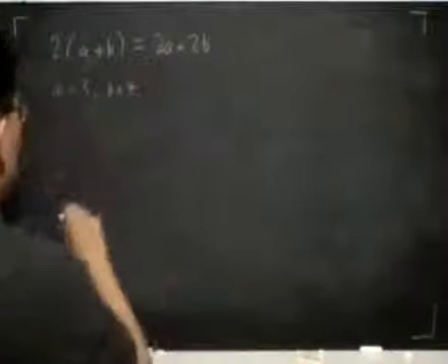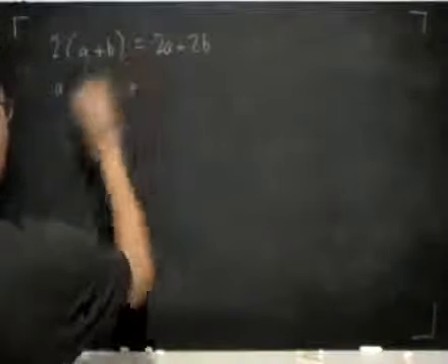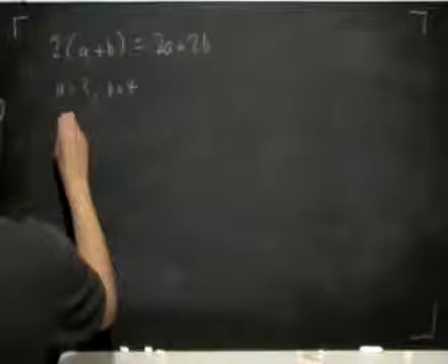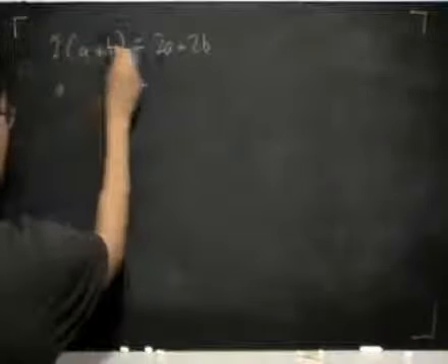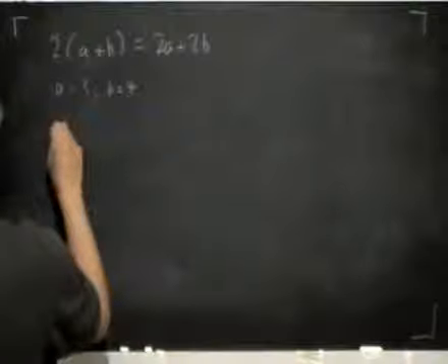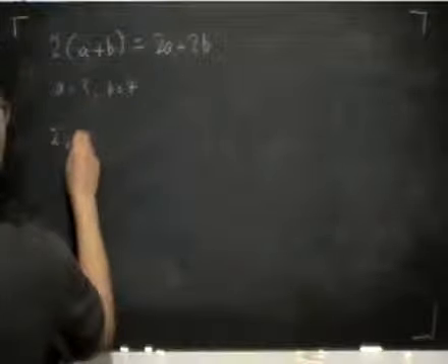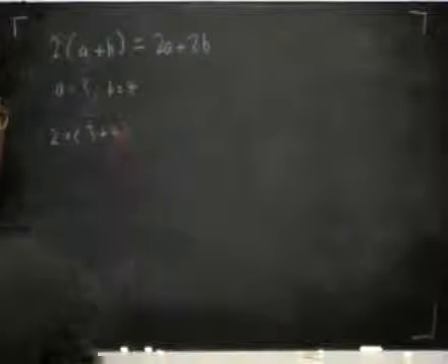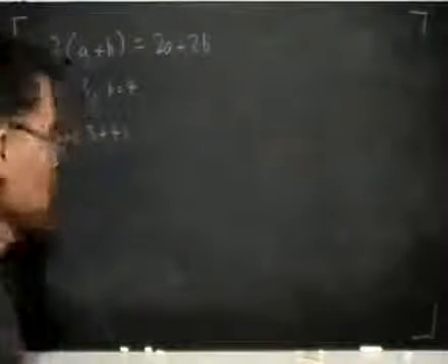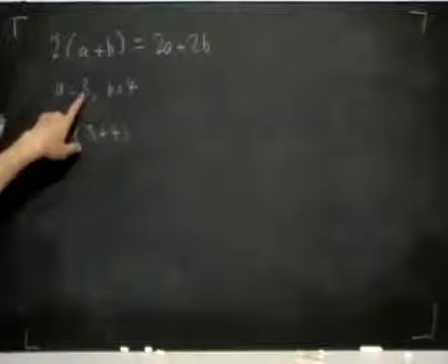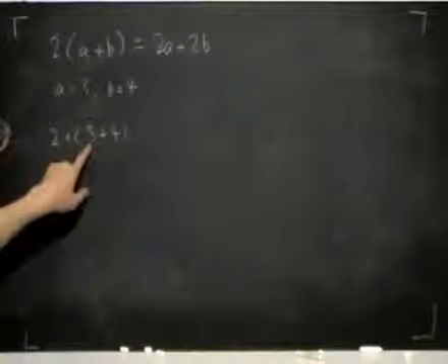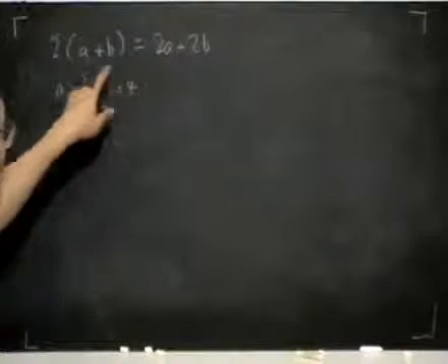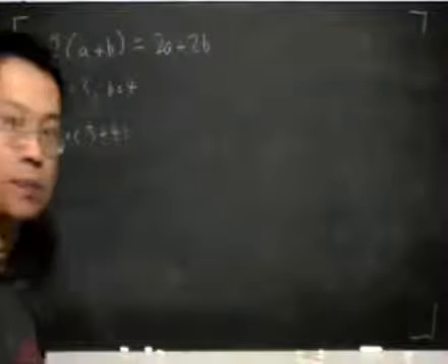The left hand side of this equation, meaning 2 times bracket a plus b, is 2 times (3 plus 4). I have just substituted 3 into the a and 4 into the b.